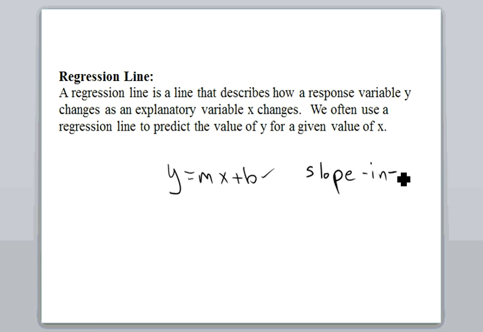Our regression line is going to be something very similar to this idea, where y is our response, x is our explanatory. Now, we've also heard these called dependent and range. X you've heard called independent and domain. So that's kind of what we're going to be working on with this first section.